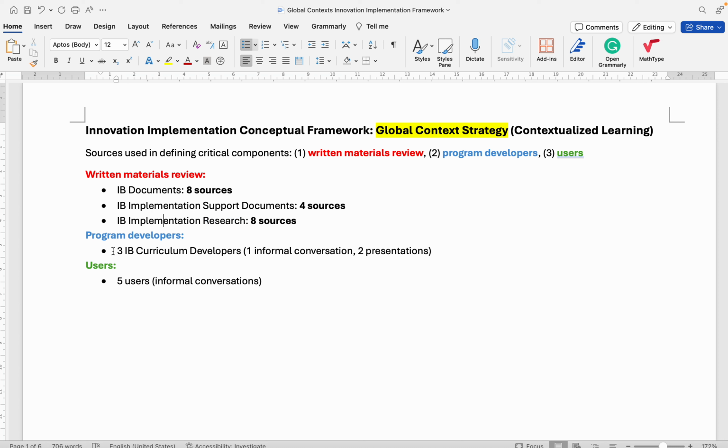I also drew on past conversations with curriculum developers, and informal conversations I've had with people, to try and wrap my head around just what the components of this innovation are.